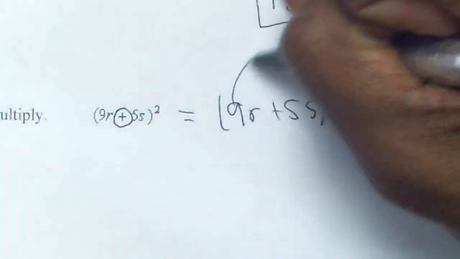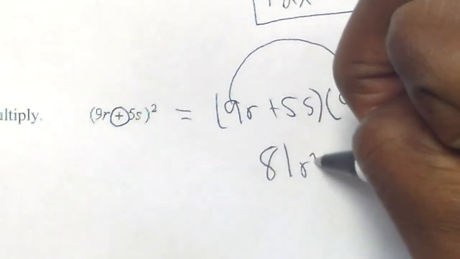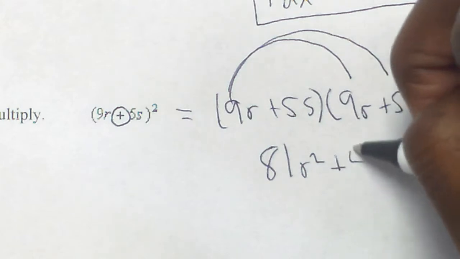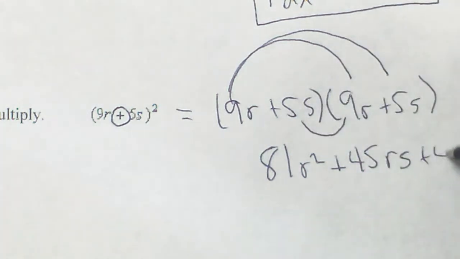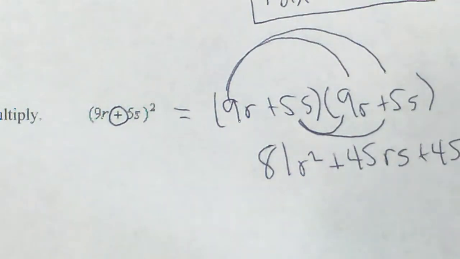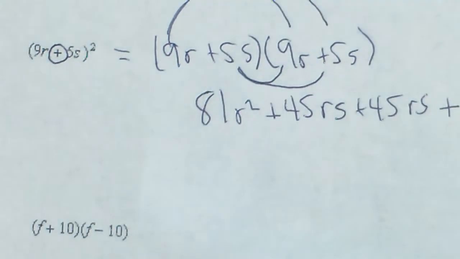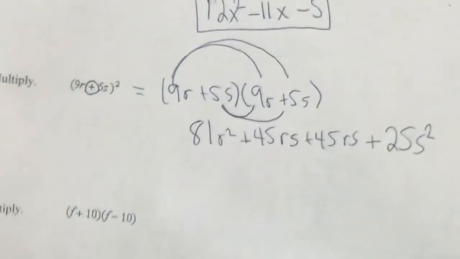So then you could do 9 times 9r, it's going to be 81r squared. 9 times 5s is going to be 45rs. That's going to be another 45rs, and then 5s times 5s is going to be 25s squared. Remember, whenever you have two variables, guys, you don't have to write it in biggest to smallest order.